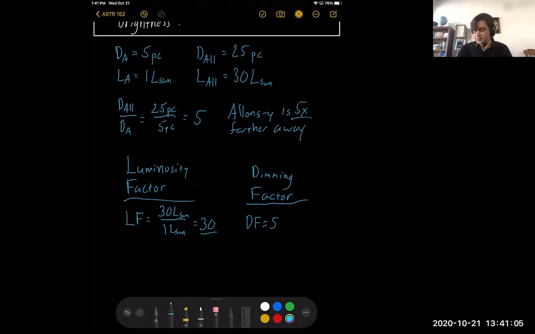It's an inverse square law. So 5 squared equals 25. And now compare the 2 numbers. So the luminosity of Alonzi is trying to make it 30 times naturally brighter. But the fact that it's 5 times farther away is going to be dimming it by a factor of 25. The luminosity factor outweighs the dimming factor.